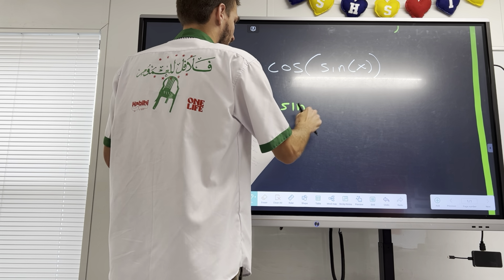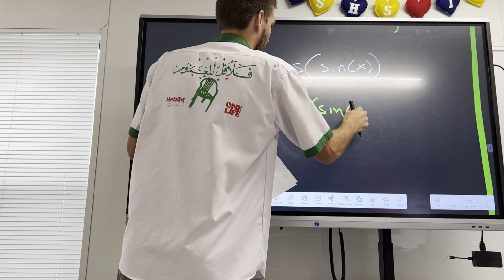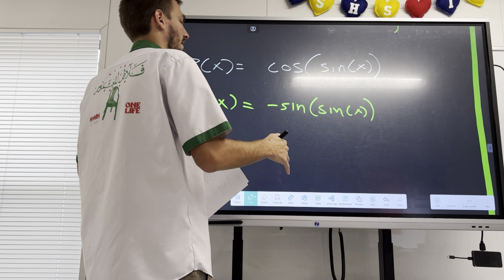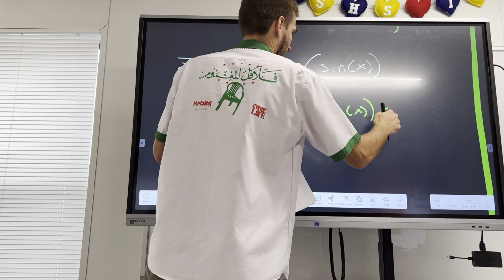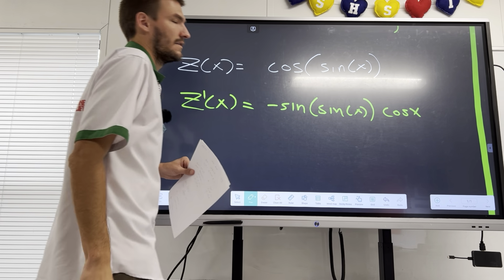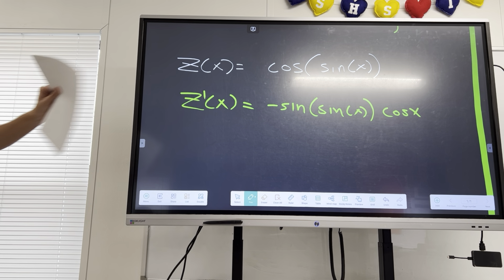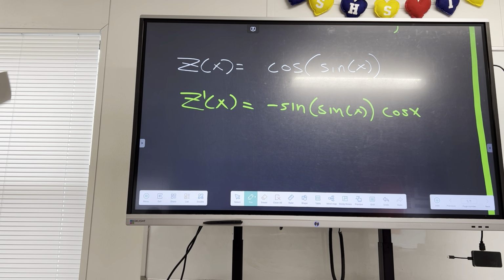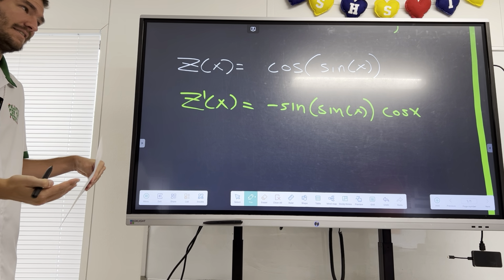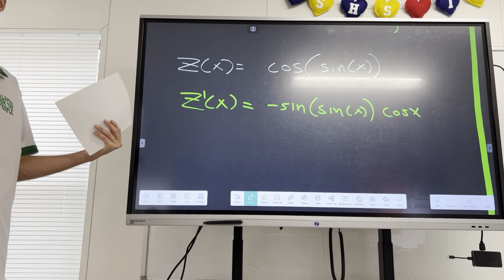Negative sine of sine of x. I agree with you. And cosine of x, because we have to eject that inside derivative of sine. So that's a sine of sine times cosine. Now that's a little bit silly.